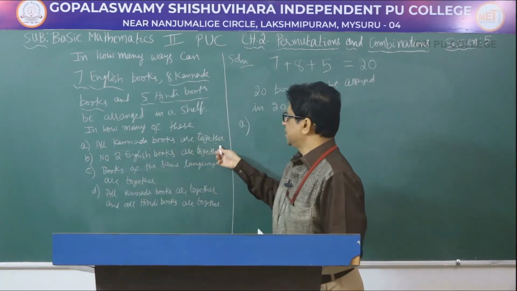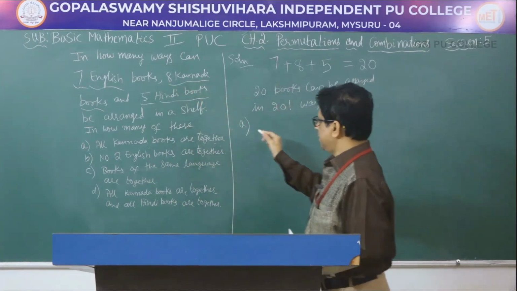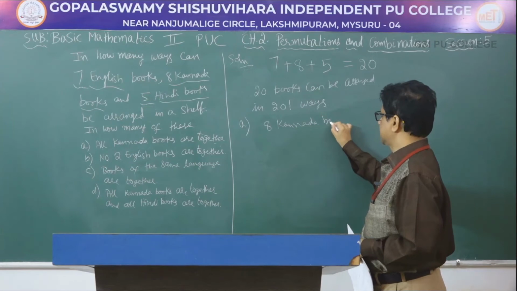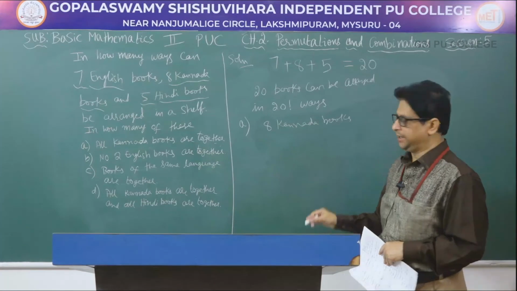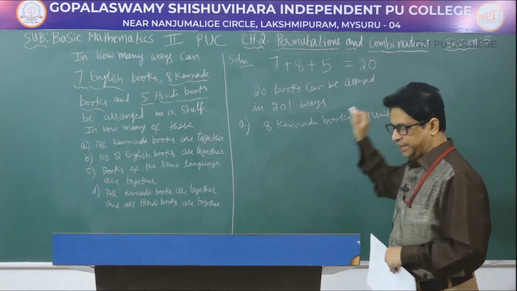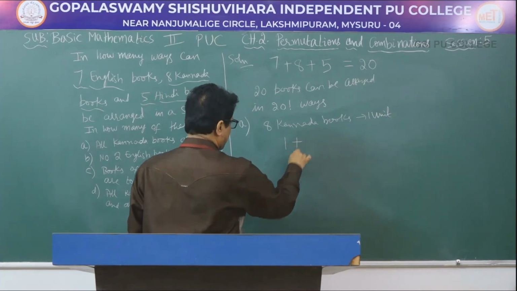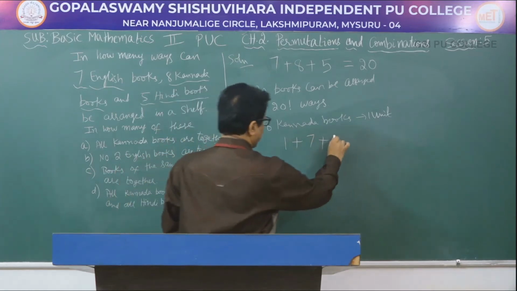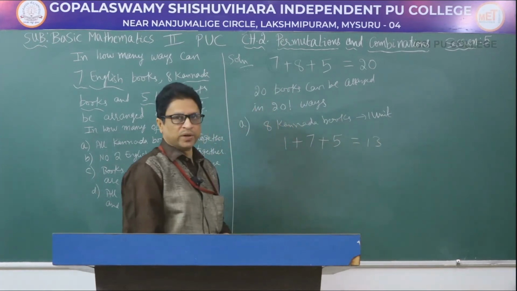Next, A. All Kannada books are together. Since all Kannada books are together, the 8 Kannada books are to be considered as one unit. Therefore, there will be 1 unit of Kannada books plus 7 English books plus 5 Hindi books, that will be equal to 13 units.